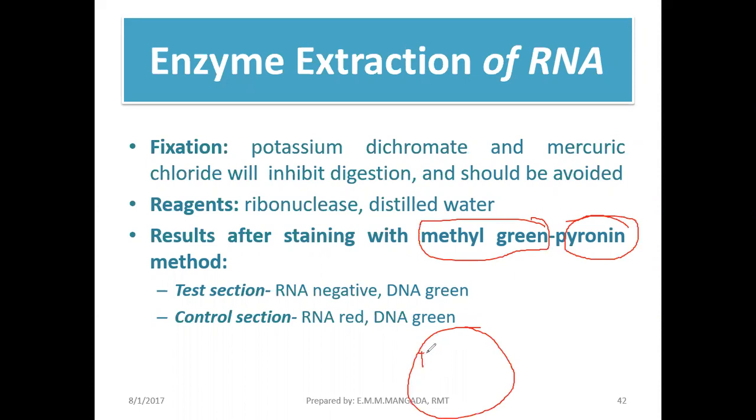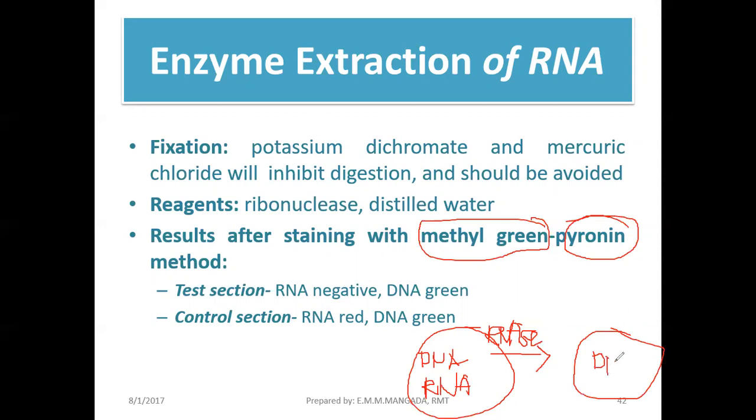It contains both your DNA and your RNA. So sabi niya, we're going to do enzyme extraction using your ribonuclease or yung tinatawag nating RNase. So, yan yung RNase natin. So, pag tinanggal natin siya, ang matitira na lang dito, guys, ay DNA.